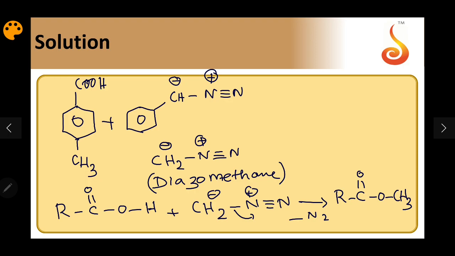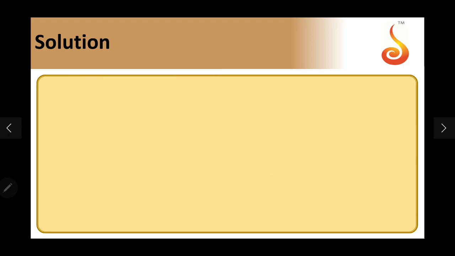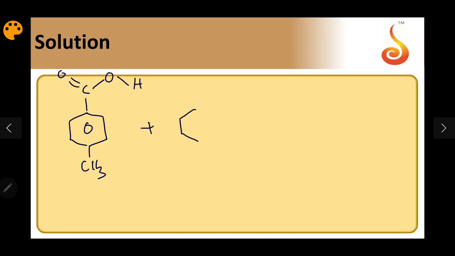So the same thing we have to do for this also now. If I take the given reaction, the reaction was methyl group, C double bond O, OH, plus benzene ring, CH, single bond, N triple bond N, plus and minus.